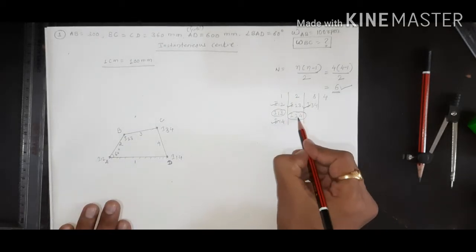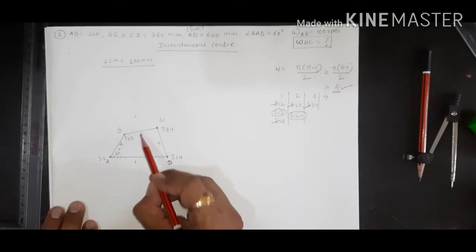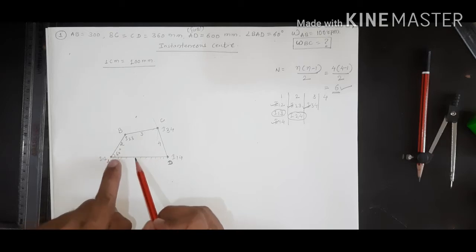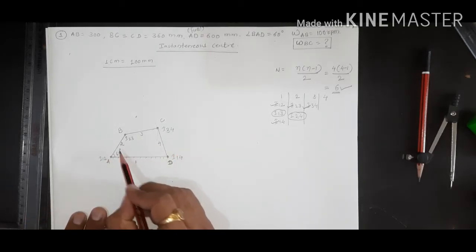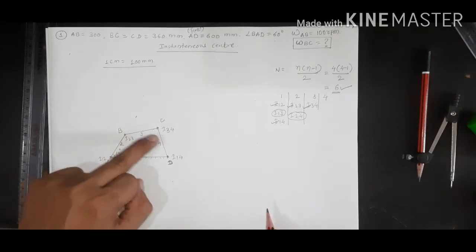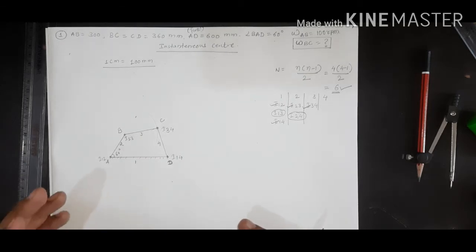So I13 and I24. For I13, 1 and 3 are connected with link number 2 and link number 4. So the 1, 2, 3 set and the 3, 4, 1 set will provide me the I13 instantaneous center.